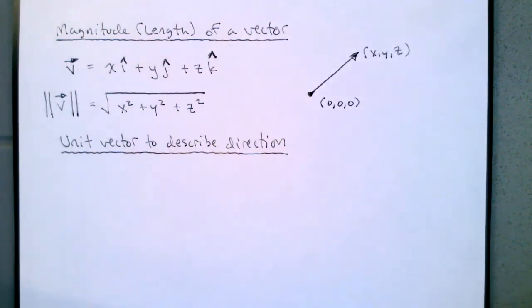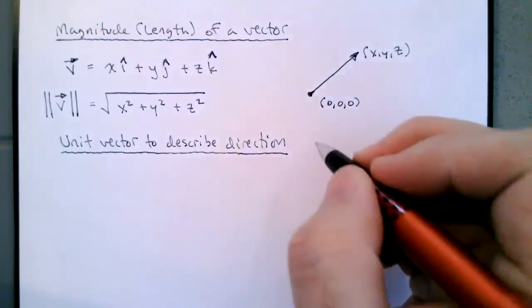To make a unit vector with a given direction, we just divide by the length, or divide by the magnitude.